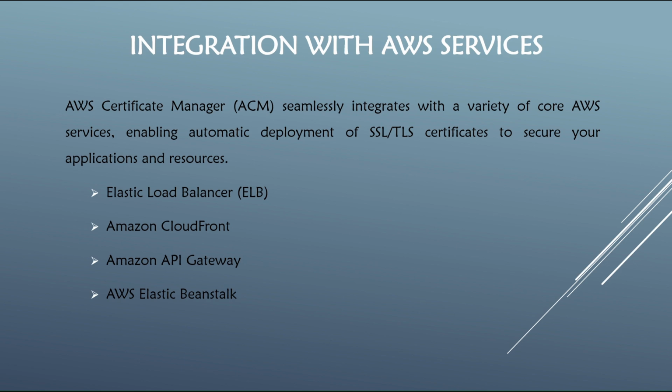For example, if you are deploying a web application using Elastic Beanstalk, you can configure ACM to automatically attach and manage SSL/TLS certificates for the load balancer, ensuring a secure HTTPS connection for the users. This is all about how AWS Certificate Manager is integrated with the other AWS resources.